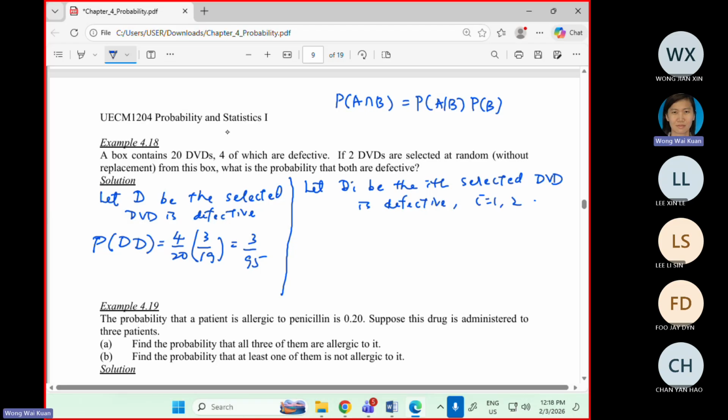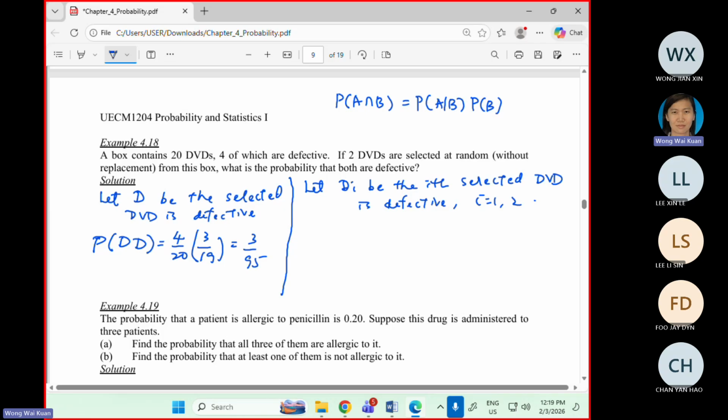So how can I have both defective? Your answer is correct already, but this is a more formal way. Now, when lecturing and studying, you are doing the very formal way. Make sure you know all the basics. Unlike a competition where speed matters, here we need the proper way.